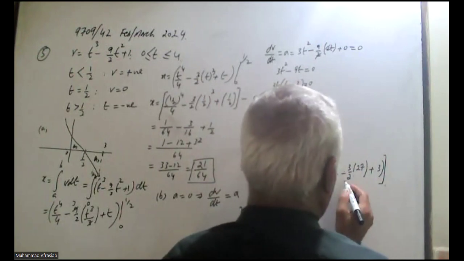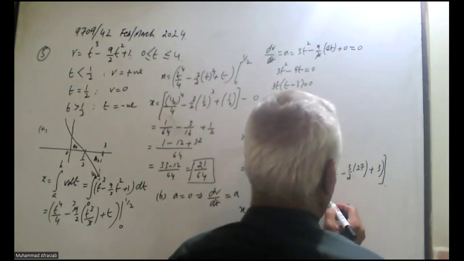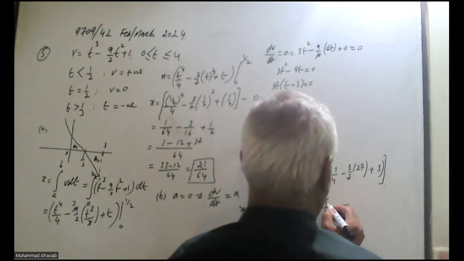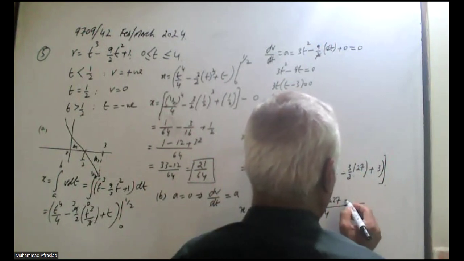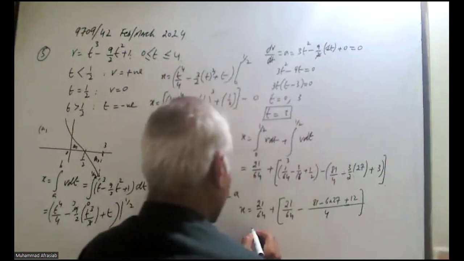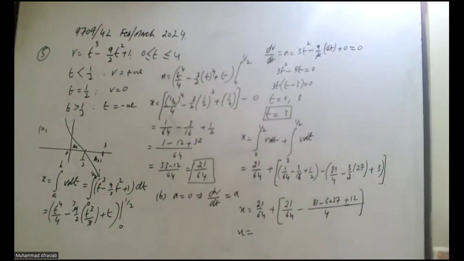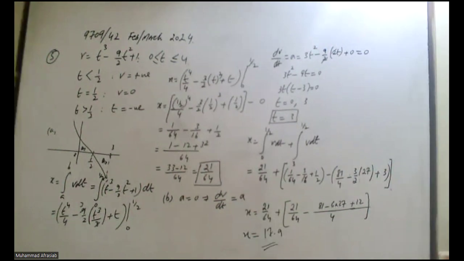If we take 4 as the LCM, then it should be equal to 81 minus 2 threes are 6 into 27 plus 4 is the LCM, 4 threes are 12, and this final answer will be equal to 17.9 meters, which is the total distance traveled within that time from 0 to 3 seconds.